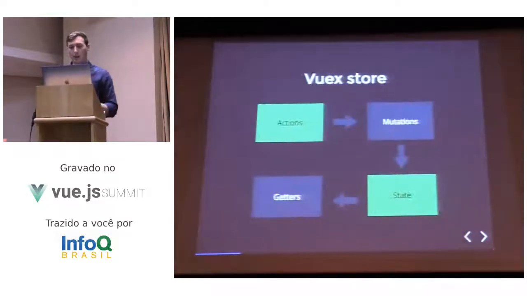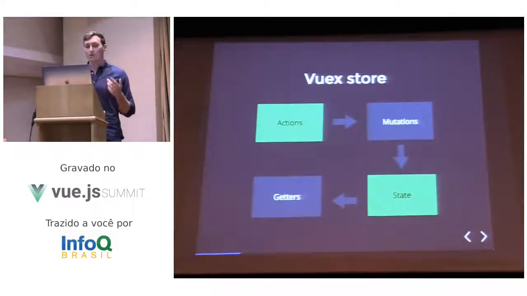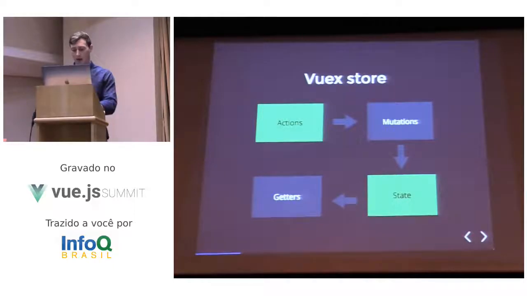So if we take a closer look, you can see that the store is made up of actions, mutations, state, and getters. So state is the actual data of the application, mutations are functions that update the state, actions are asynchronous functions that can commit mutations, and then you have getters, which compute values from the store state.